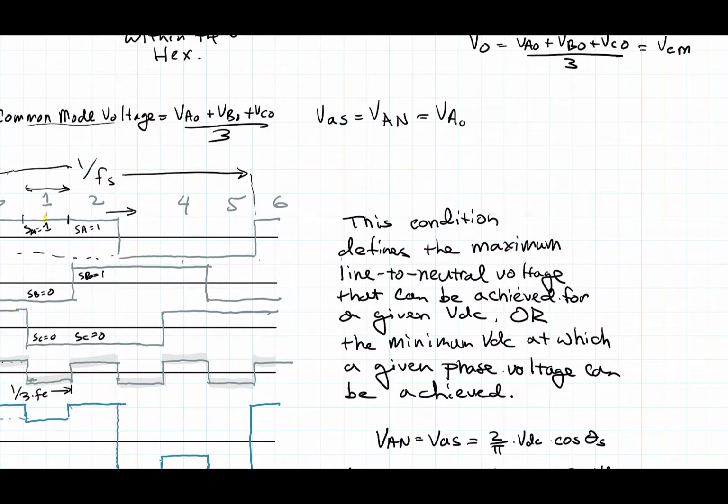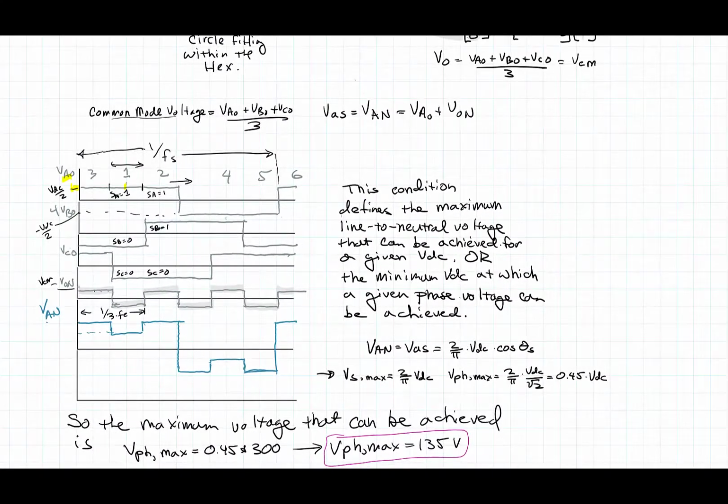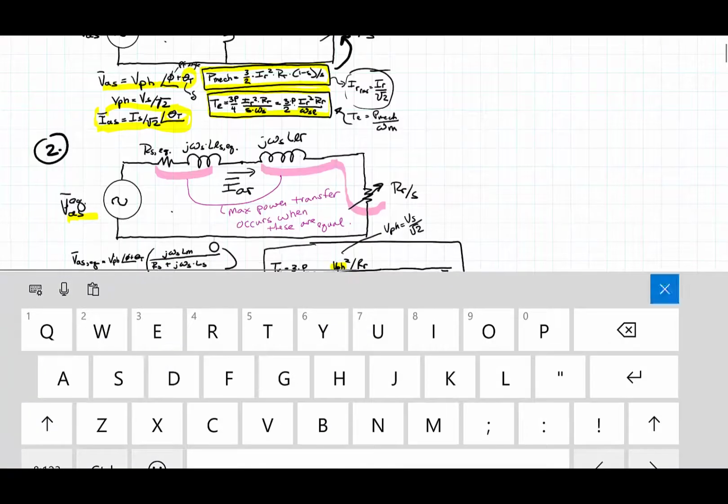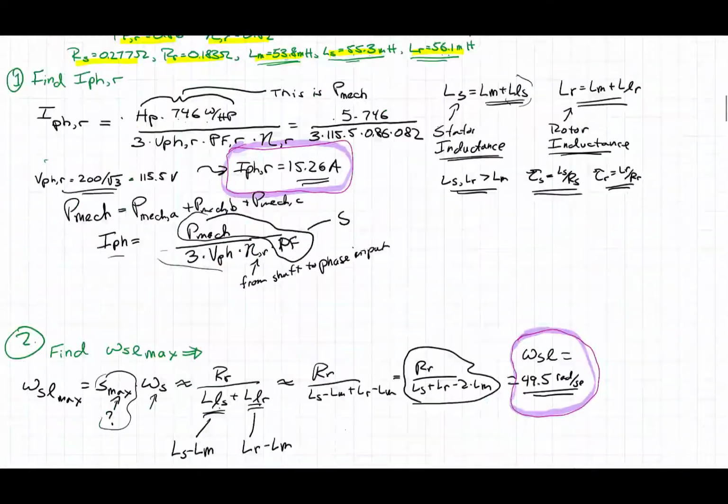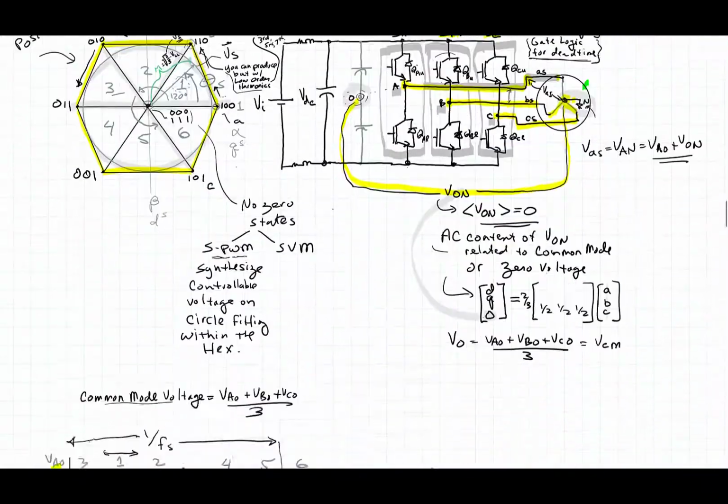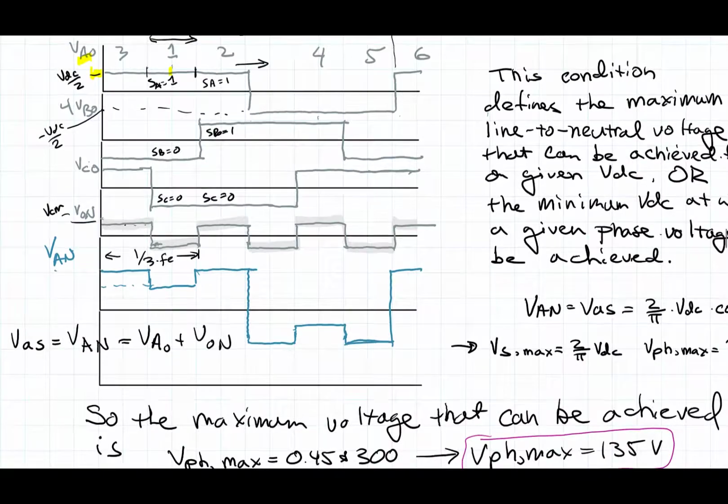VAN is VA to 0 plus V0 to N. That's how we're synthesizing this voltage right here. So that's the VAN, this voltage, just adding them up.